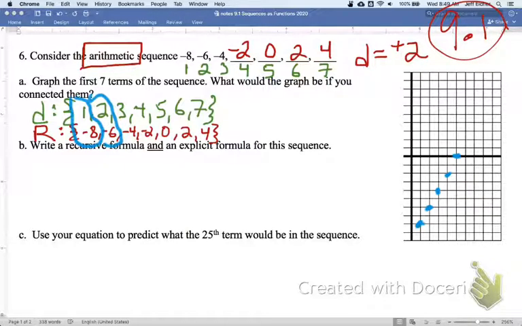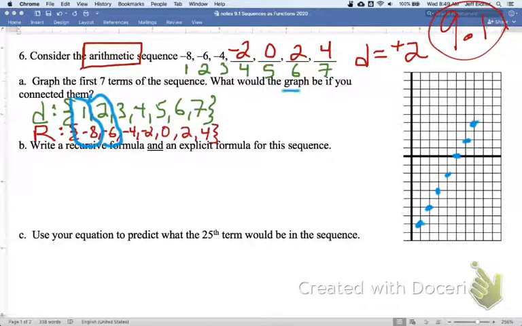That's (5, 0), and then we got (6, 2), and then (7, 4). So there's our arithmetic sequence graphed.